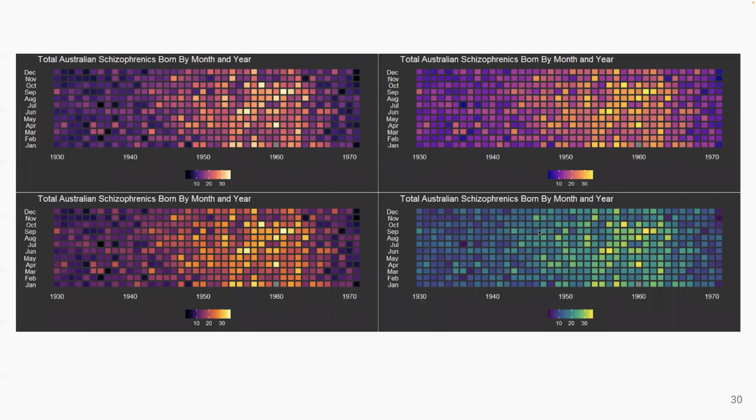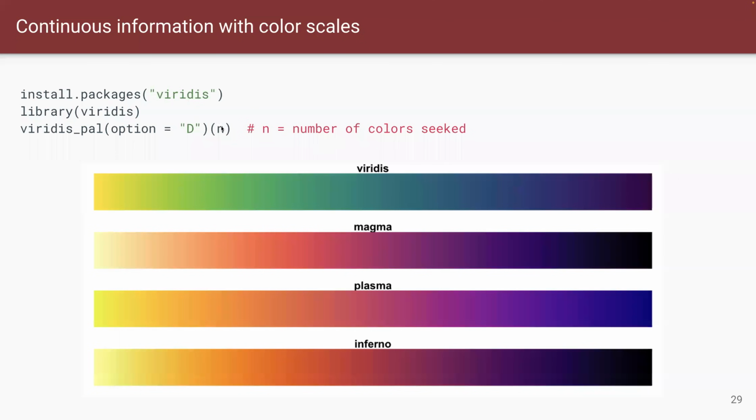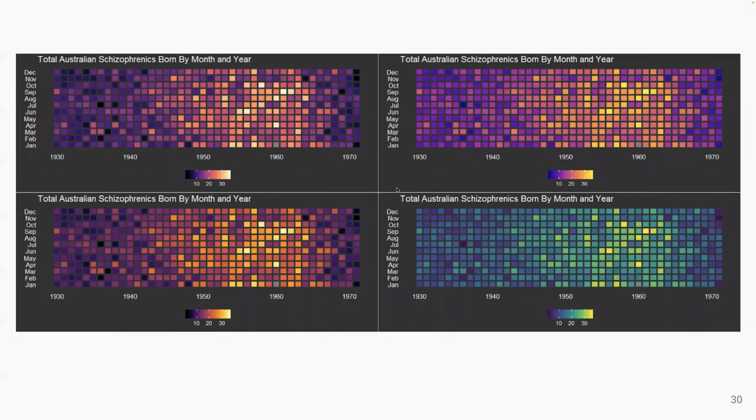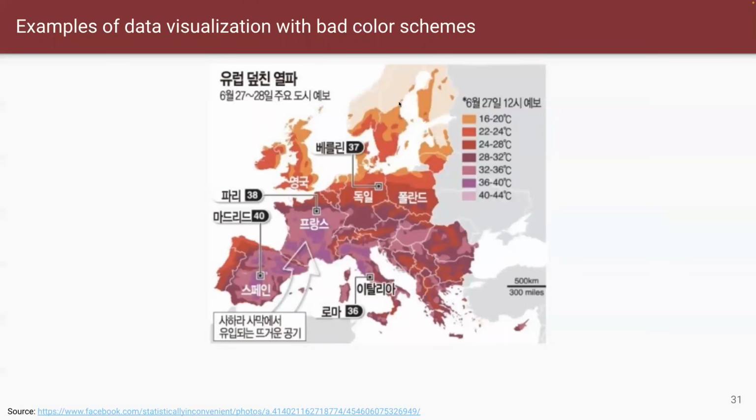But for this continuous information, why do we care about the Viridis scheme? Or the magma scheme, plasma or inferno, these schemes are good. But sometimes some journals are totally bad at the color scheme. So let's look at this.